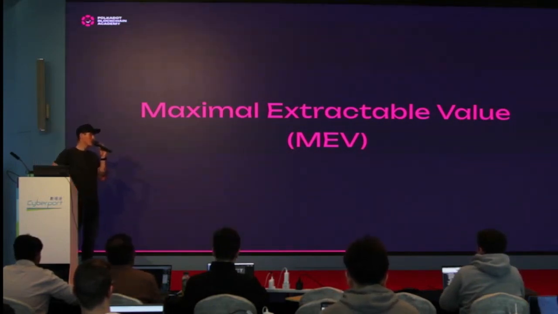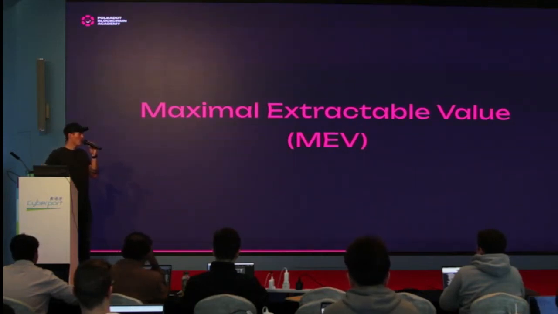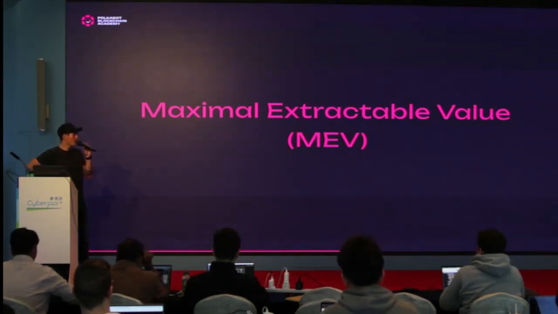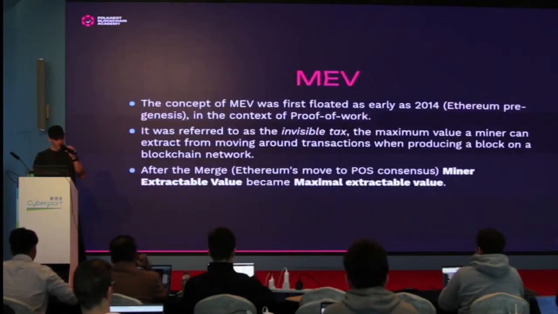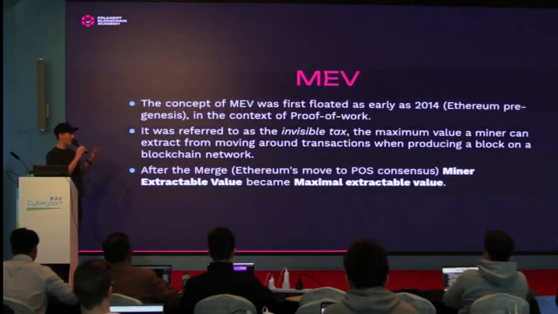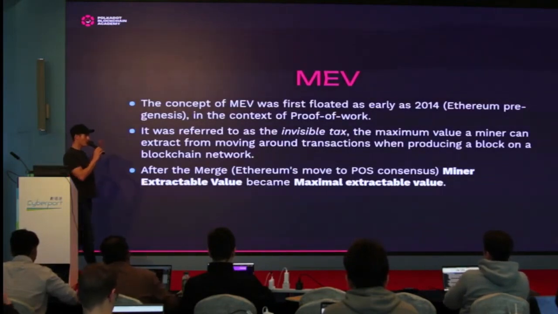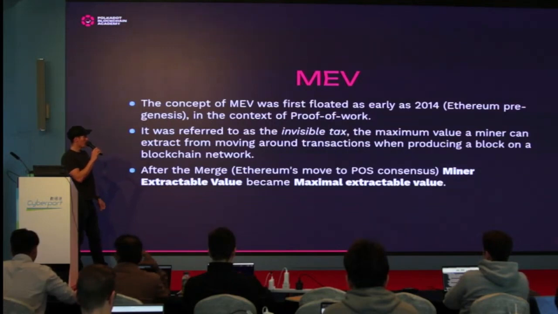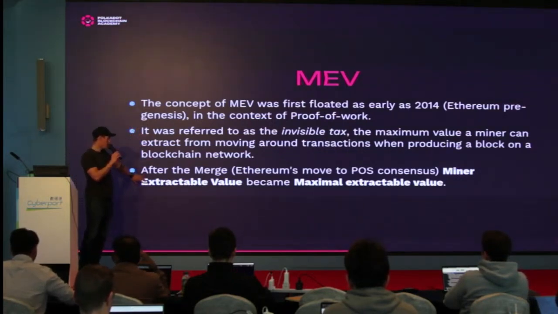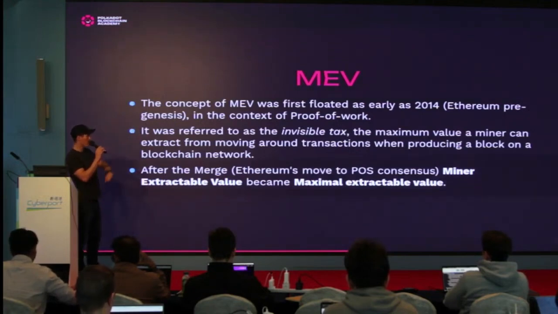There's not a clear definition of what an attack is, what a vulnerability is. But the concept was floated very, very early, even pre-mainnet Ethereum. And back then, it existed under the name of miner extractable value because we didn't have proof of stake chains back then.